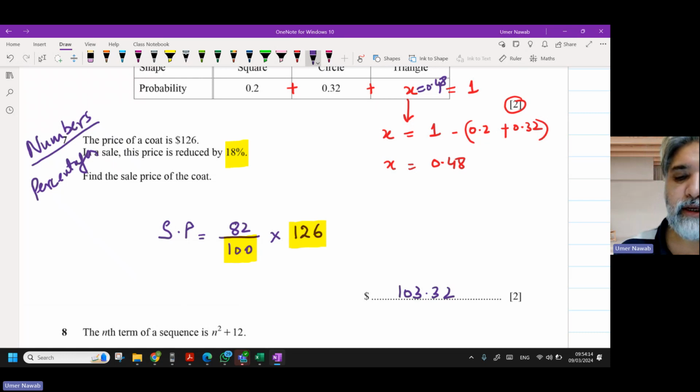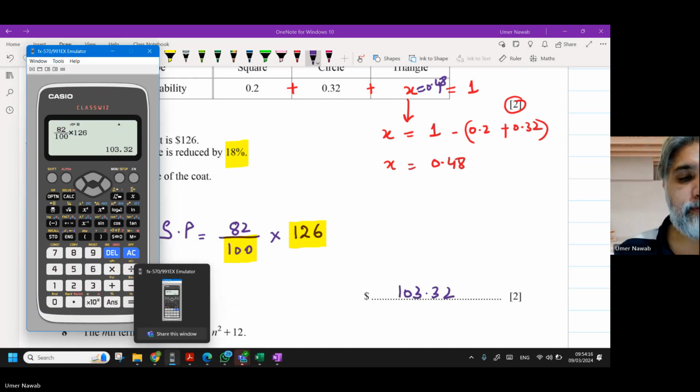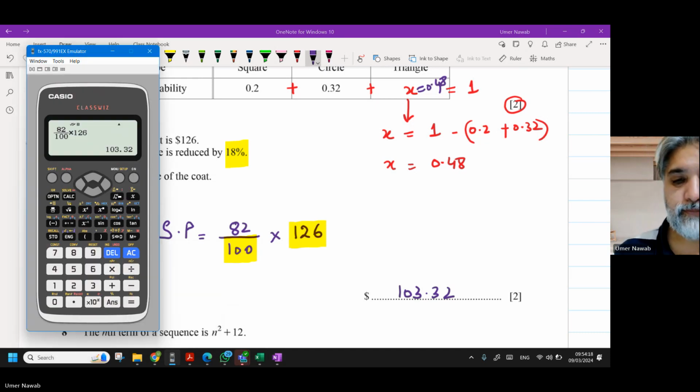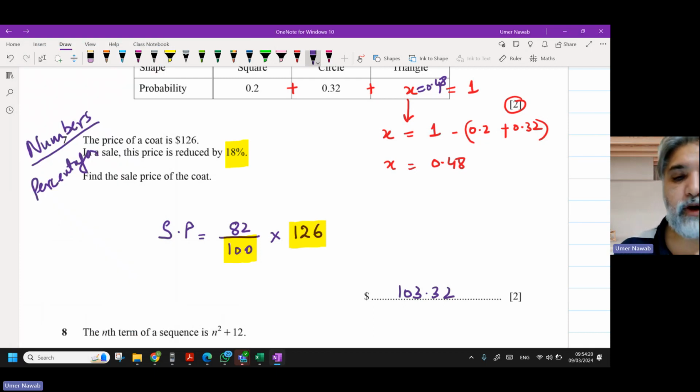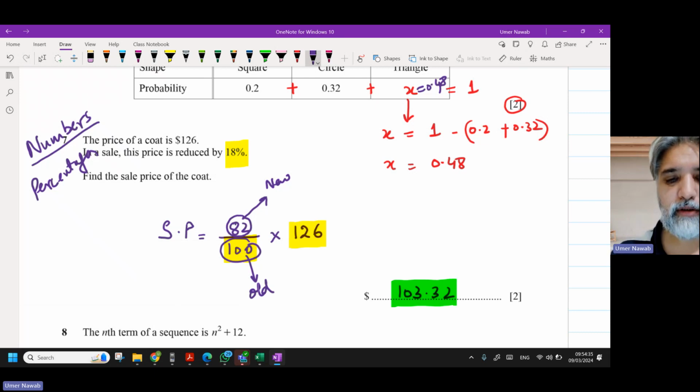103.32. This is the cost price of the coat. Okay, so I don't think you will have any issue. So this is the new price. However, the old one in percentages was 100.